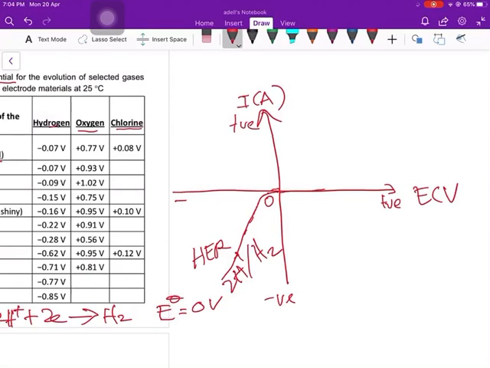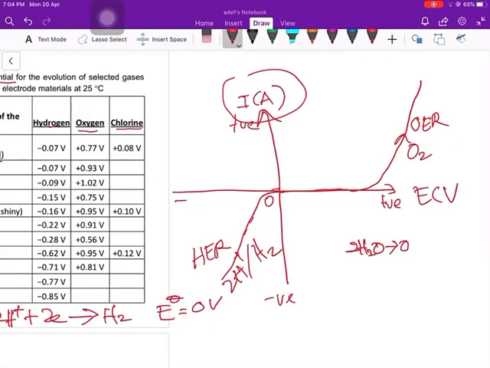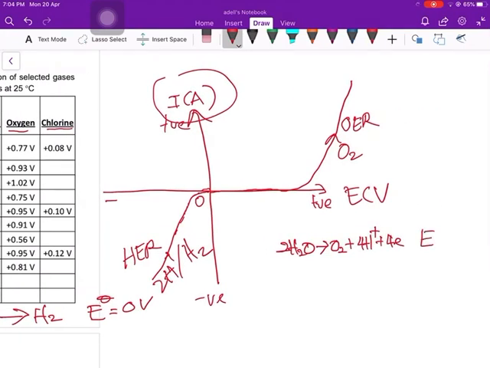In the positive direction, when the current increases, the limit on the substrate material is the OER, the evolution of oxygen. For oxygen evolution on the standard material or on platinum, this is the half cell reaction, and the value is positive 1.23 volt.